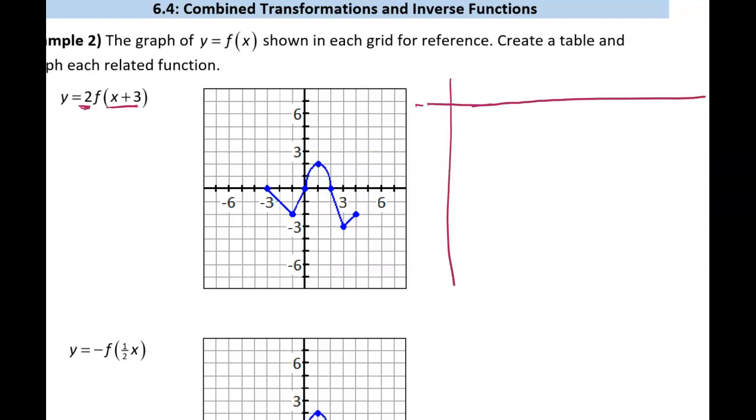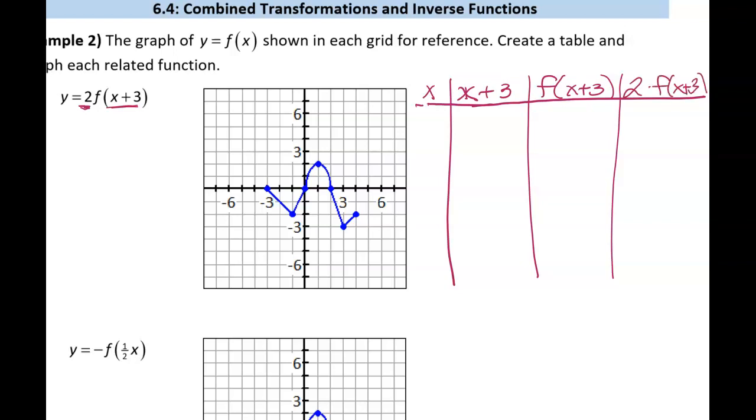So we'll need x, x plus 3, f of x plus 3, and then finally 2 times f of x plus 3. This time our original function or parent function points will go in the middle 2 columns. Wherever we see input and f of that same input, that's going to be where the original points will go.